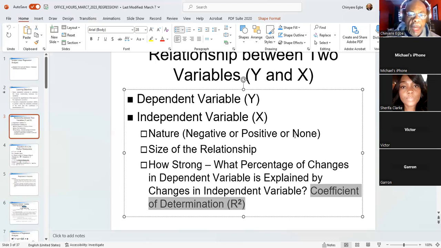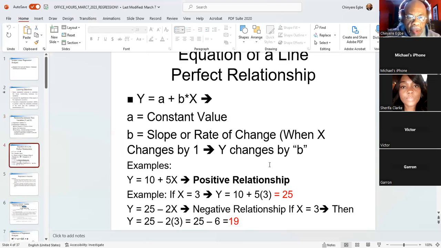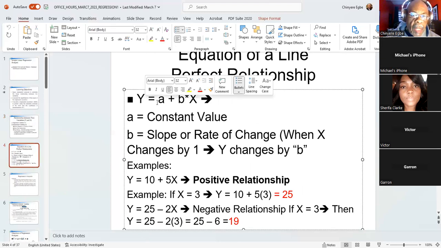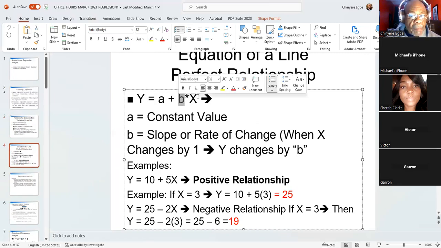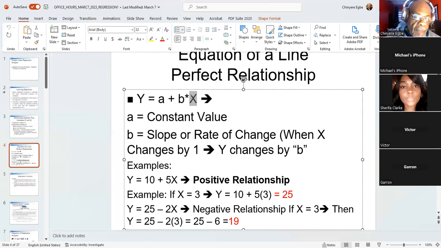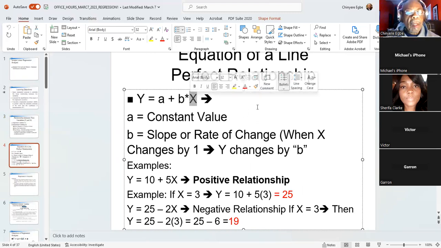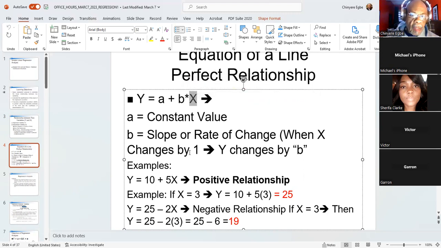When we began to study regression analysis, we looked at what we are doing, which is we use an equation: y, the dependent variable, is equal to a, the constant value, plus b, the slope, times the size of the independent variable, x. a is a constant, b is the slope or the rate of change of y.